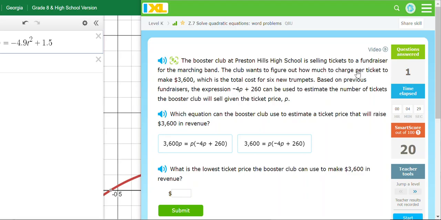How much to charge per ticket to make $3,600, which is what they need for 6 new trumpets. This expression can be used for what?